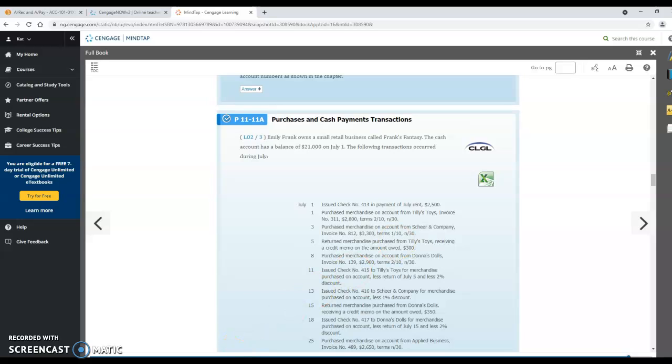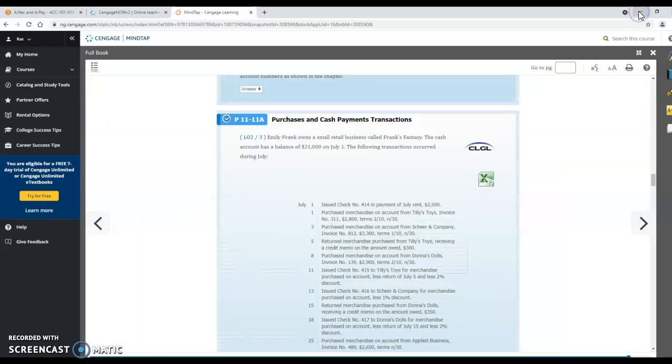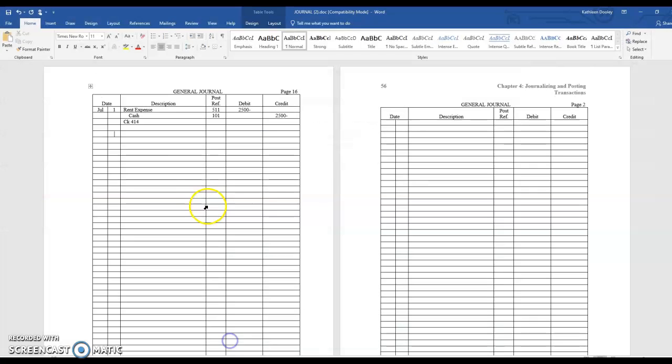Okay, so I first go to my journal and get the date. It's also the 1st. On the 1st, I don't put the month again because July is already in there. I'm going to debit purchases, 2,800.